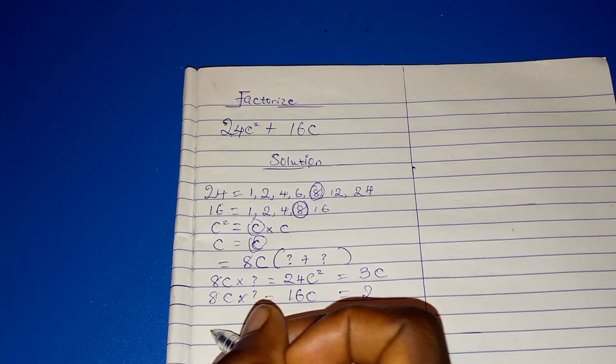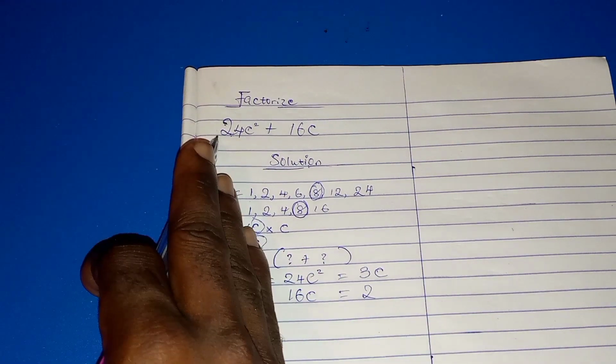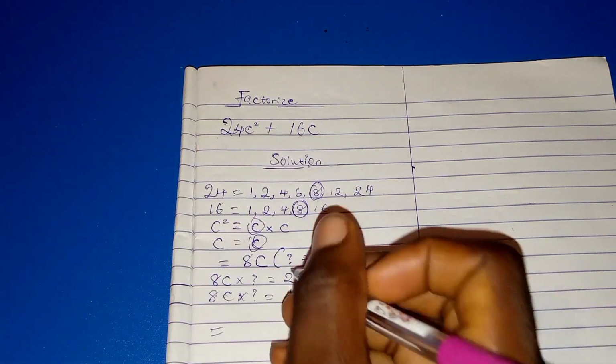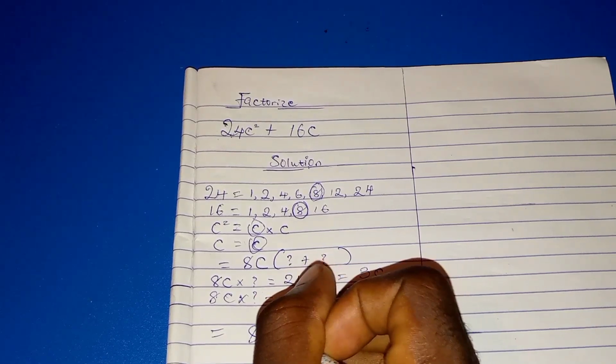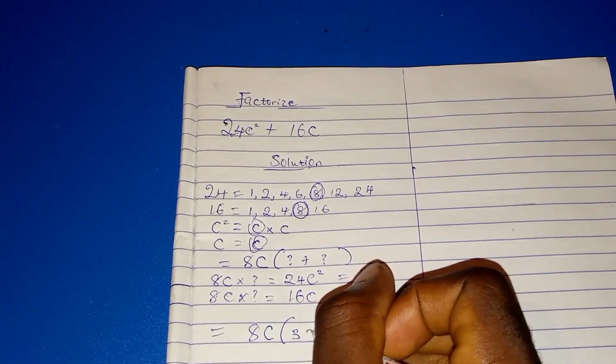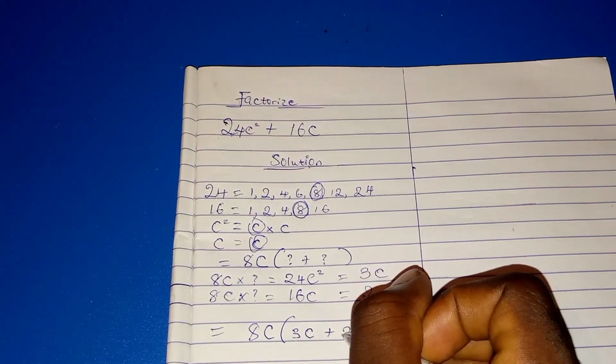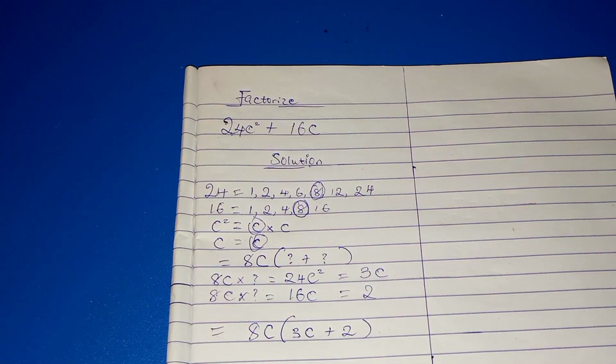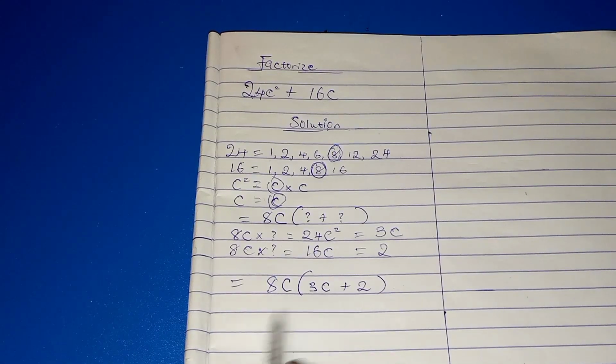So our final answer to this question, which said factorize, is 8c bracket 3c plus 2.